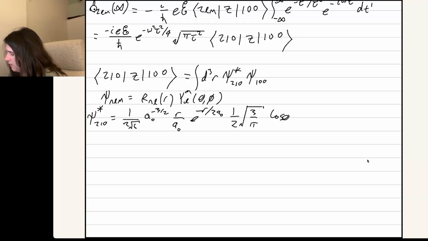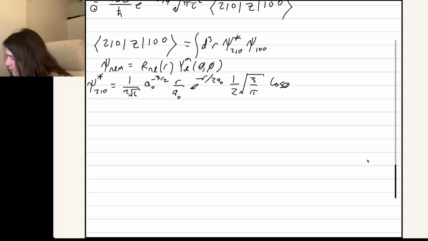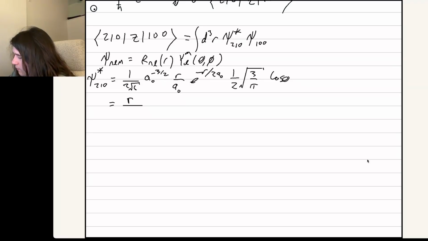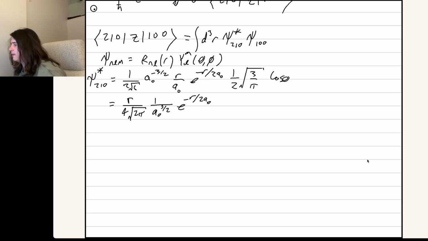All of this stuff was the Y 1, 0 spherical harmonic. And you can simplify that. Root 6 has root 3 in it, so I'm just going to write it as r over 4 square root 2 pi, 1 over a naught to the 5 halves, e to the minus r over 2 a naught, times cosine theta. And we'll leave it like that for now.